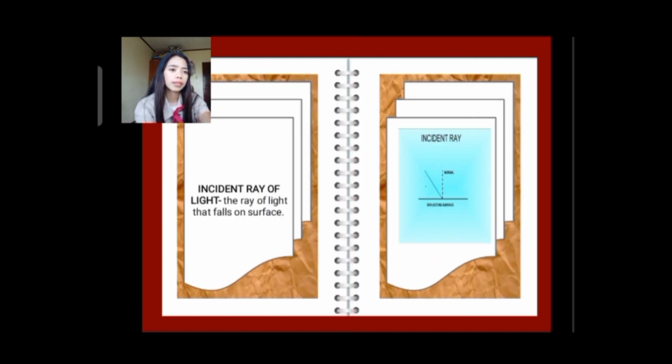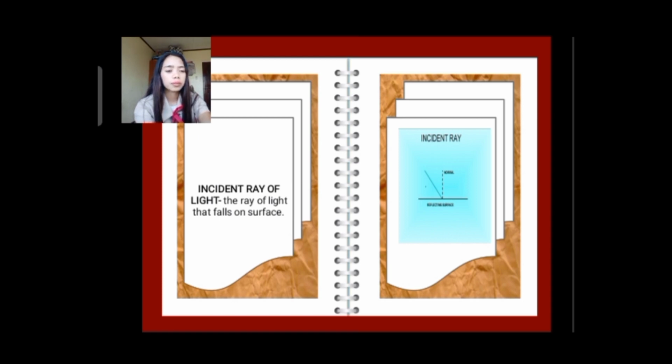Next we have the incident ray of light. The incident ray of light is the ray of light that falls on a surface, separating two mediums. It is the ray that strikes the surface.